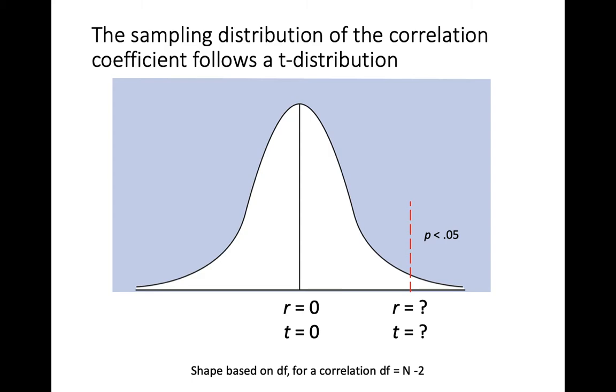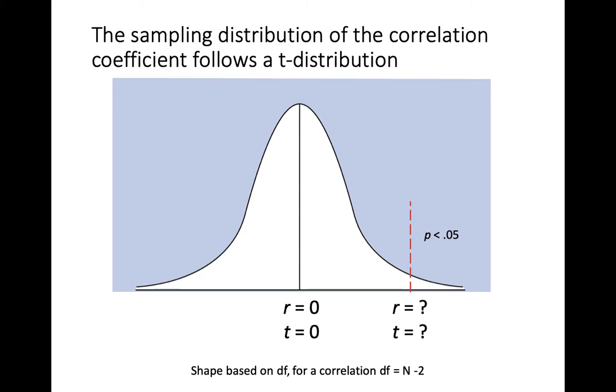The exact shape of the t-distribution depends on the sample size, and more precisely on degrees of freedom. Recall that there is actually a family of t-distributions, and each one has its own shape based on degrees of freedom. The larger the sample size, and therefore the higher the degrees of freedom, the closer the shape of the t-distribution to a normal distribution.